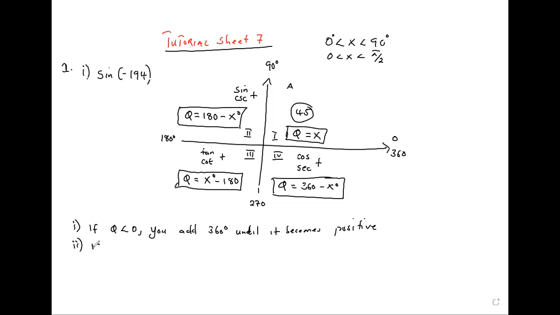Two, if the theta given is bigger than 360, you subtract 360 degrees from theta until it becomes less than 360.